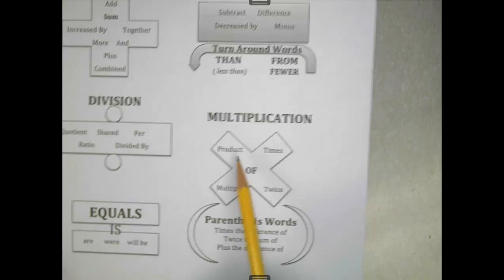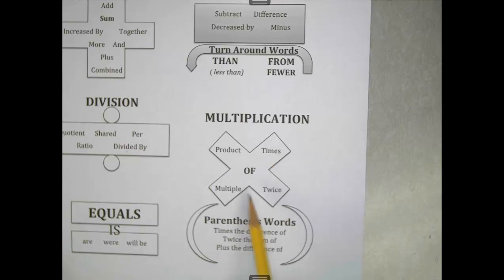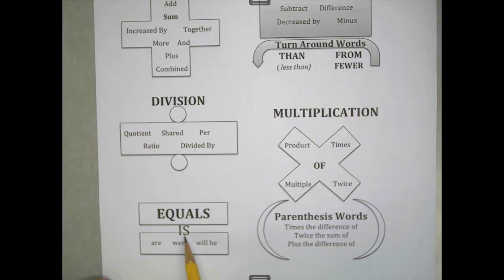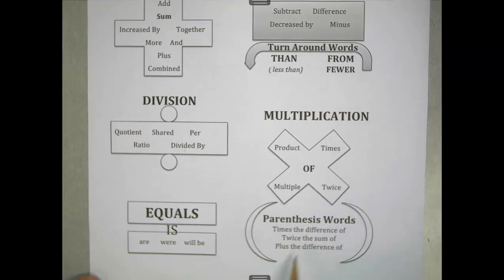Multiplication, we have product, times, of is a big one. Multiple, twice. All right. If we want an equal sign, then we're going to say is, or are, or were, or will be. And if we want parentheses, we'll say times the difference of, twice the sum of, plus the difference of. We'll use phrases like that if we want parentheses.